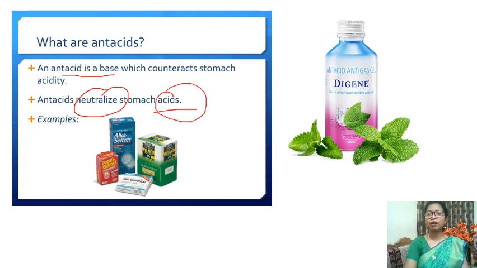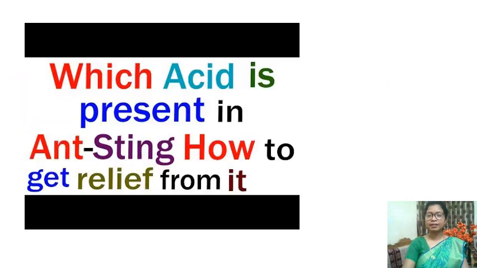So what is an example of the base which we take for stomach acidity? That is digoxin. You all must have taken it. So this is a base, and when you have stomach acidity, acid plus base come in contact, the neutralization reaction happens and you get relief from stomach acidity.